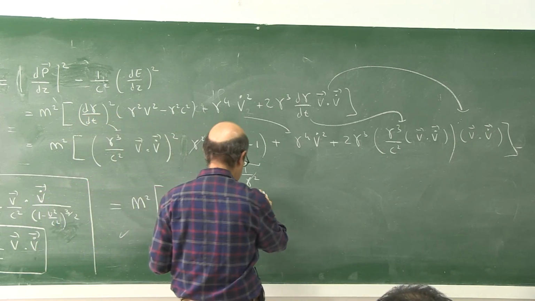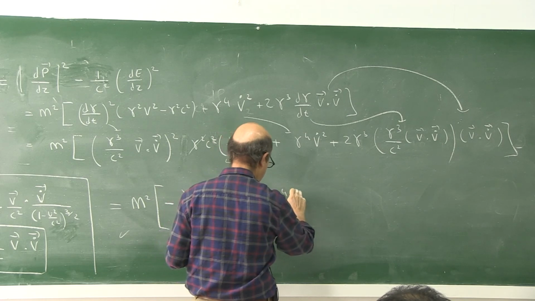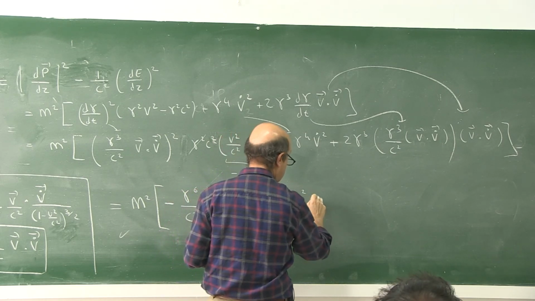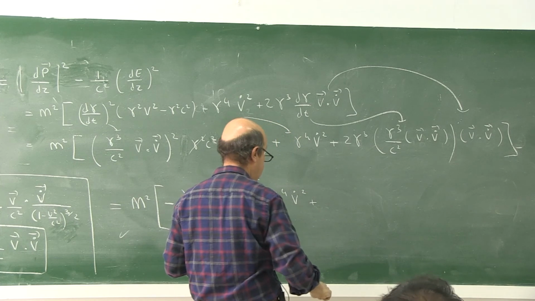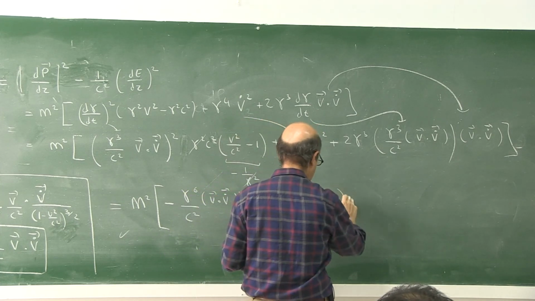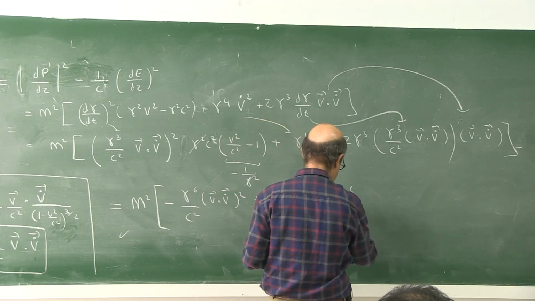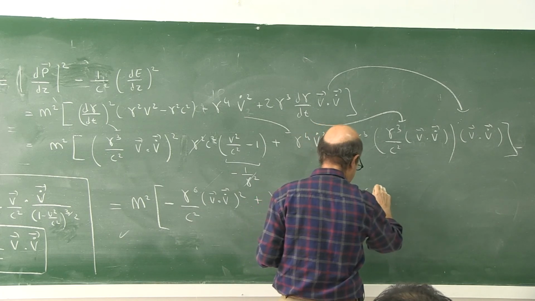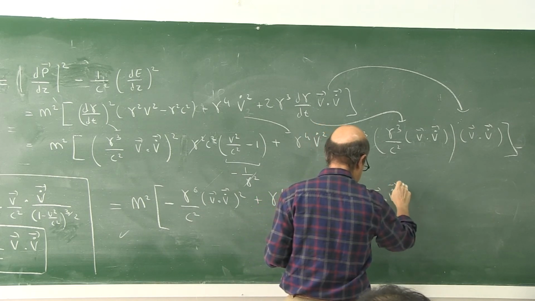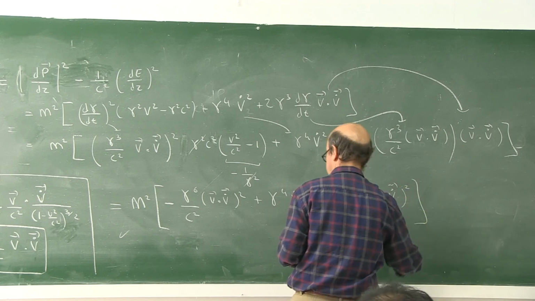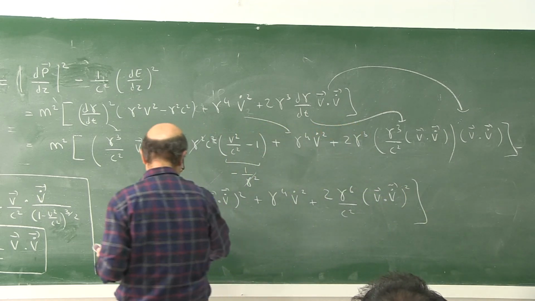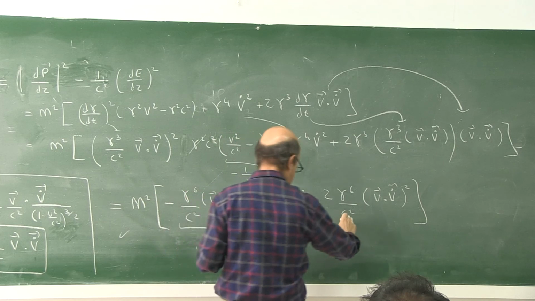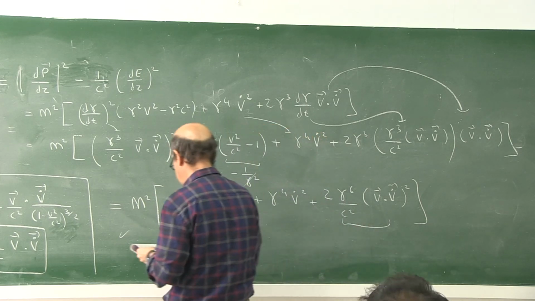The next to it, gamma to the 4 v dot square, and the other 2 gamma to the 6 over c square v dot square. So as you see, this term is the same as this term, and that makes plus.